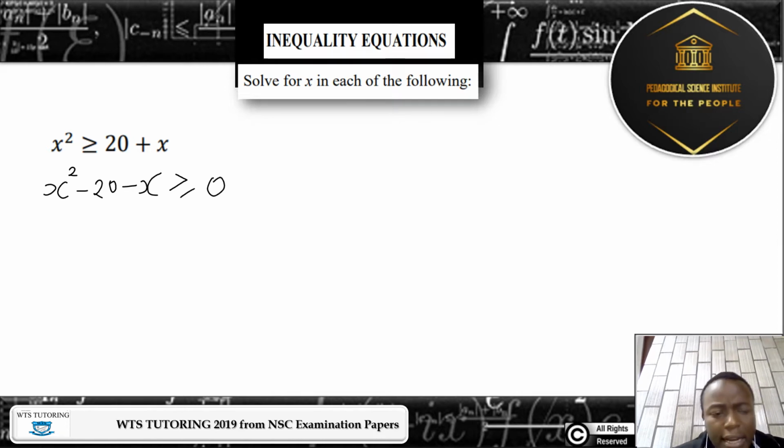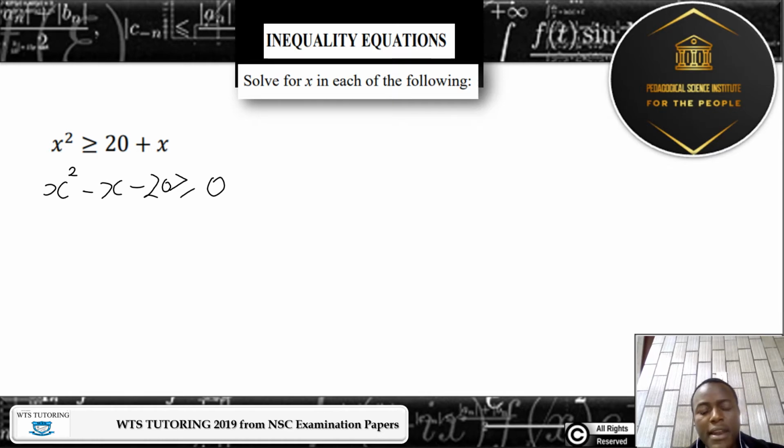Okay, let's write it properly. We can just simply say x squared minus x minus 20, so that we have our quadratic equation in that orderly manner. Okay, now we have x squared minus x minus 20 is greater or equal to 0, right?